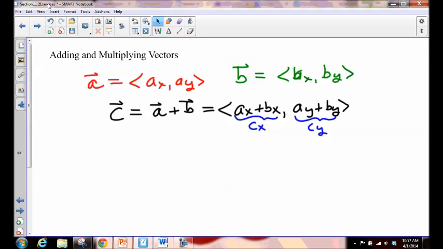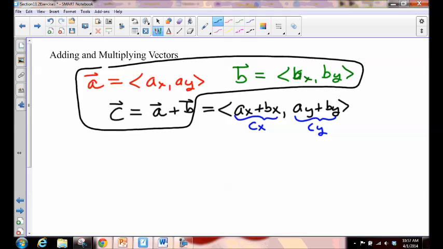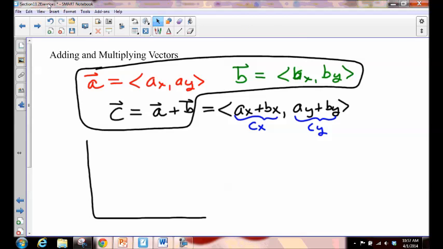Now we can also add vectors graphically, so I'm going to keep the vectors that I had before, a and b, and I still want to add a and b together to get c. So I'm going to set up some axes here. When I add vectors, I draw my first vector first.